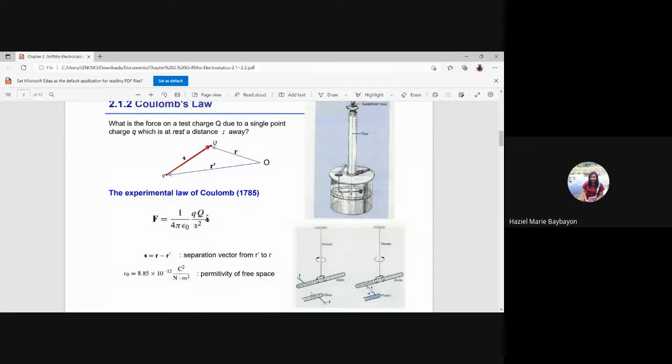So here you have two glass rods, both positively charged. They are exerting repulsive forces toward each other, like pushing each other away.